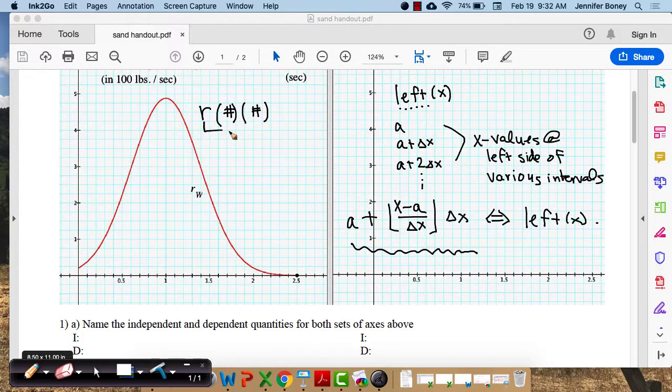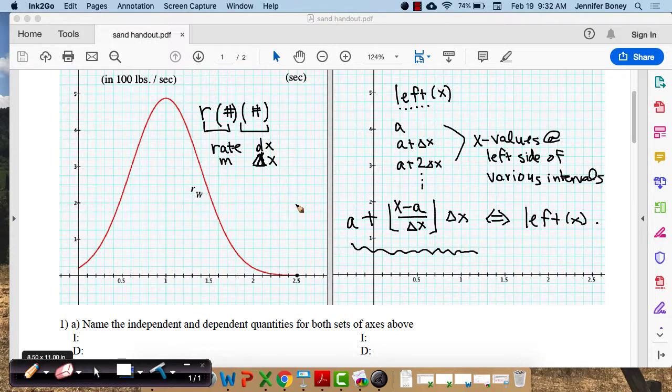So I need a rate times something to get an accumulation. A rate or an m times some amount of change in x, whether it's a part of an interval or a full interval. It depends on what you're doing.